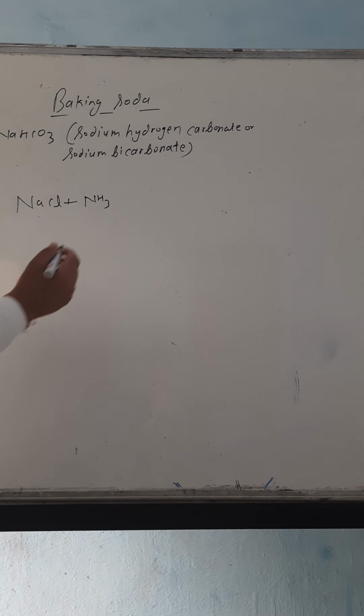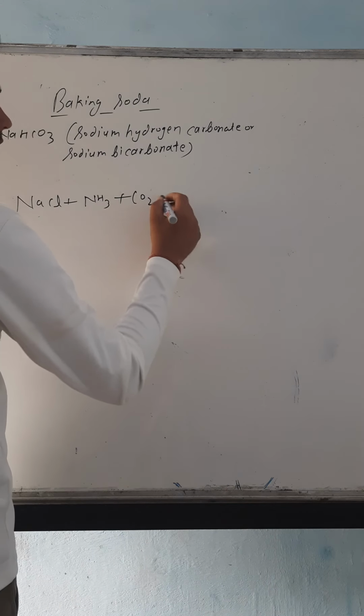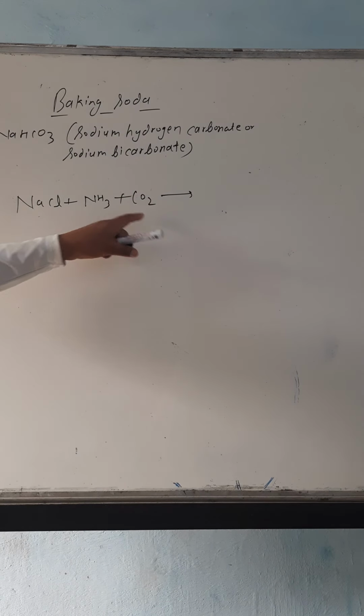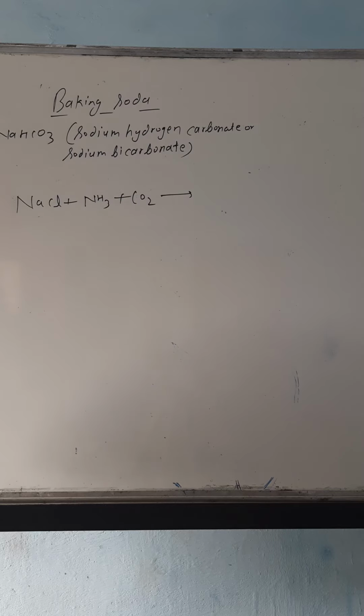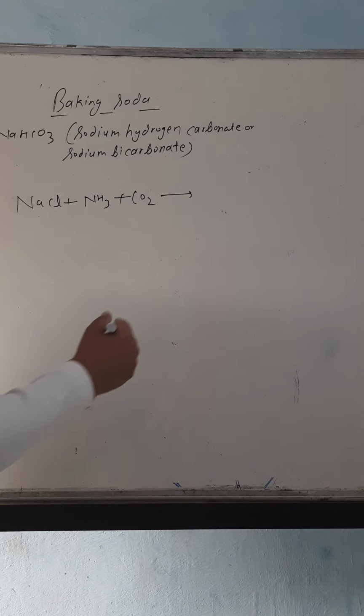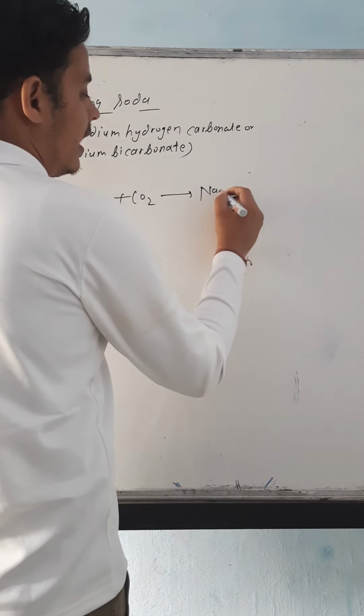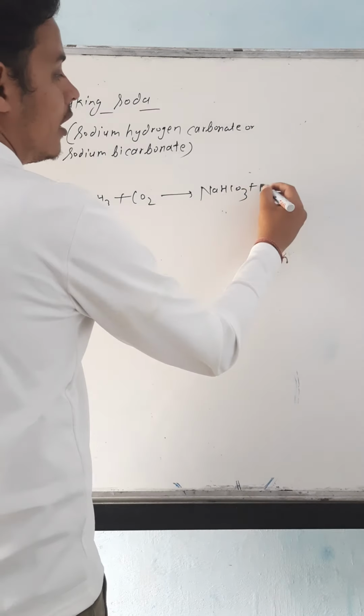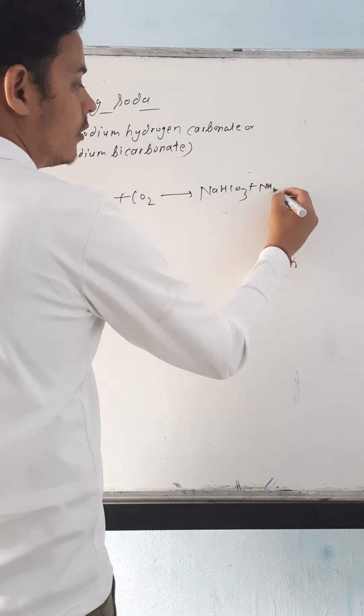When we pass carbon dioxide gas through the concentrated solution of NaCl and ammonia, we get NaHCO3, and one more product, ammonium chloride, that is NH4Cl.